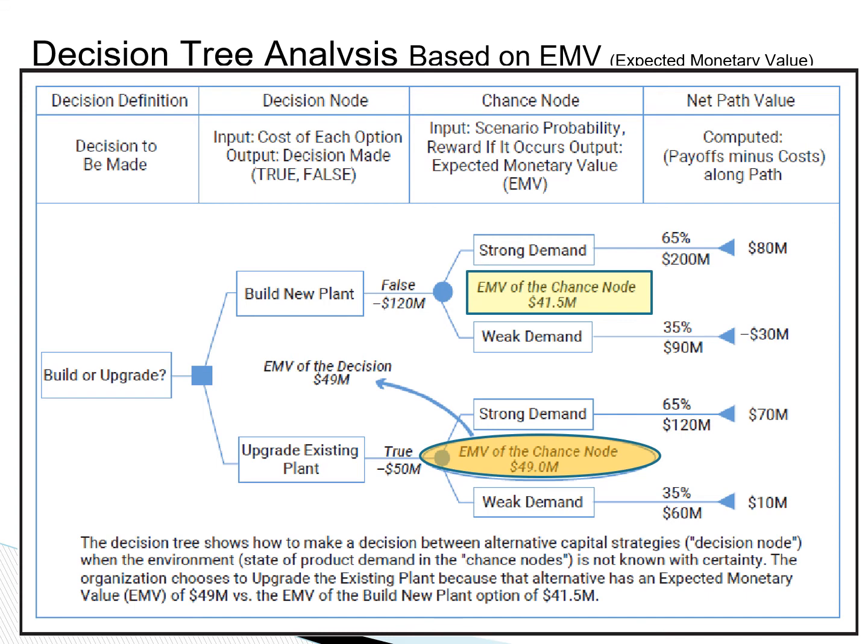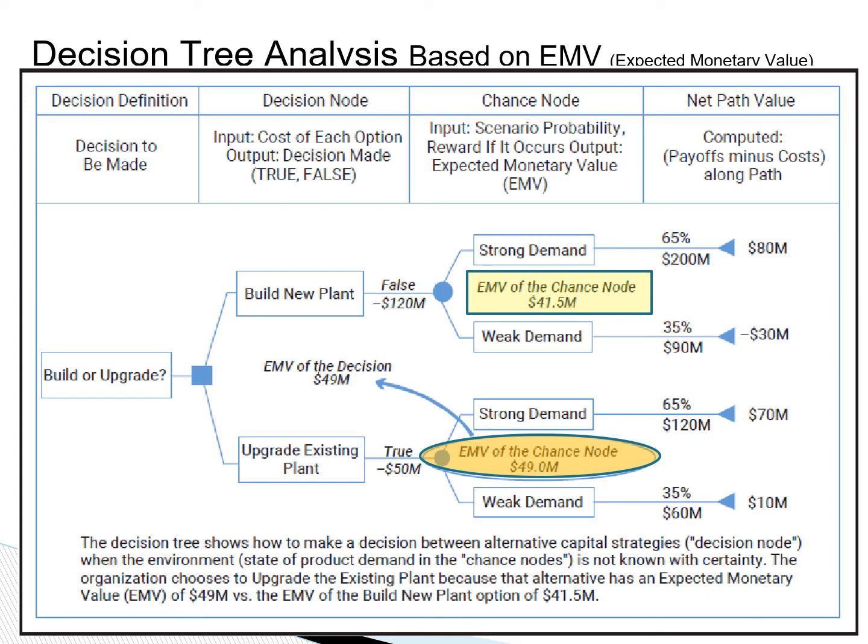If we build a new plant, it will cost $120 million. If the demand is strong, we can make $200 million. So we will make net of $80 million in that scenario. However, if the demand is low, we can only make $90 million, meaning that we actually lose $30 million because we have spent $120 million to build the plant.